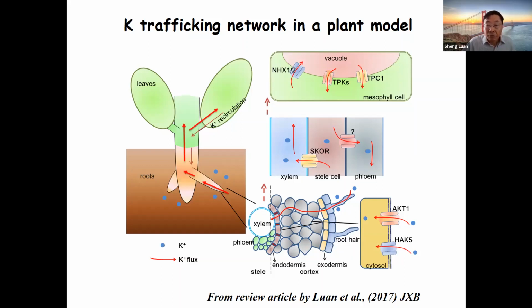If the soil has a lot of potassium, it just keeps going and keeps storing in the vacuole. But when the soil potassium gets low, this vacuolar potassium will flow out through the TPK, two-pore potassium channels, into the cytoplasm to support metabolism.